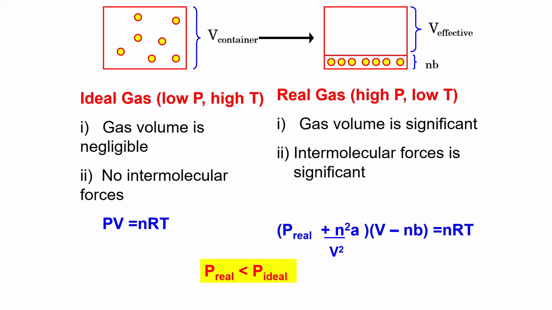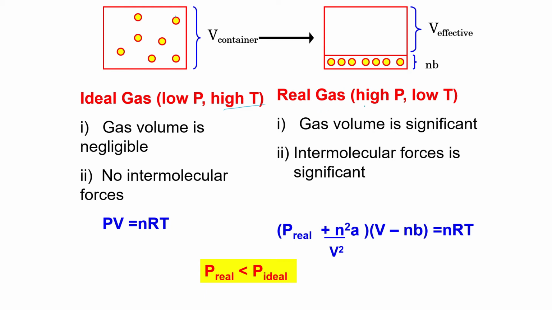Ideal gas at low pressure and high temperature. Real gas at high pressure and low temperature. Sebab apa? Bila low pressure, maksudnya bekas ni besar, jadi dia tiada daya tarikan. And then bila high pressure, at higher pressure, kinetic energy dia very high.